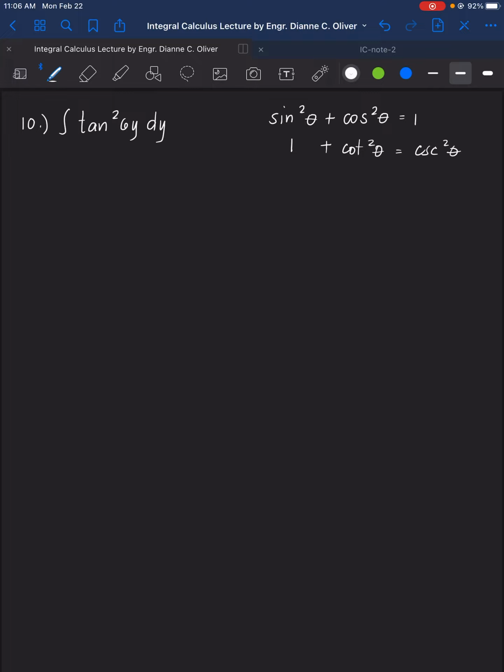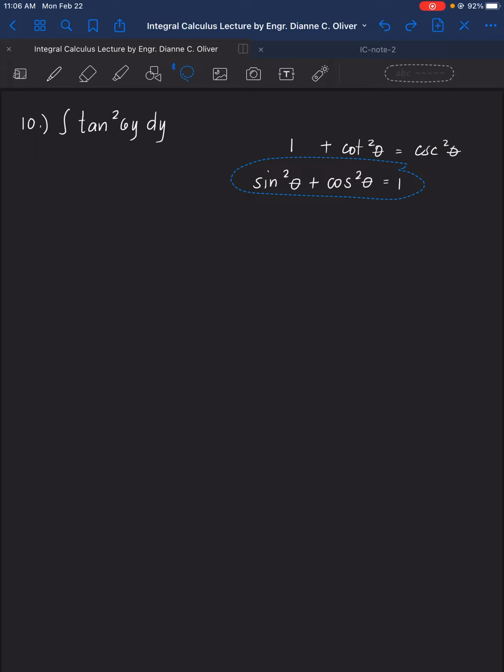How about if we divide all terms by cosine squared theta? What will happen?